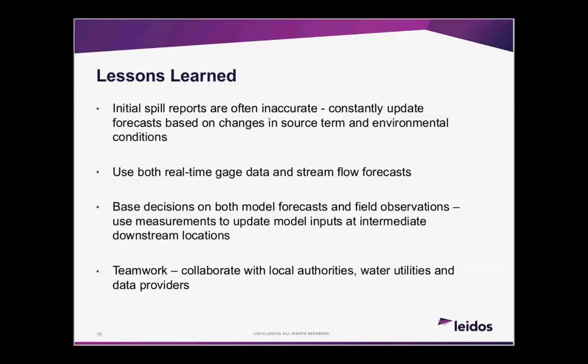Some of them were reporting just water surface elevation. And the water utility was basing their decisions not just on modeling forecasts, but also on field observations. That was important to corroborate what the model was predicting. And working collaboratively with local authorities, with water utilities and data providers was very useful in being able to get this modeling effort launched.